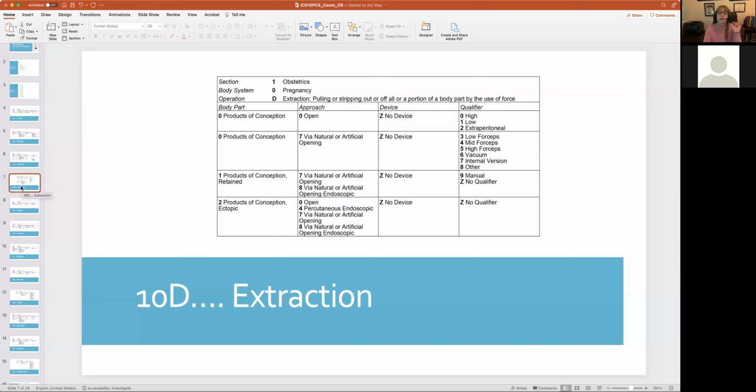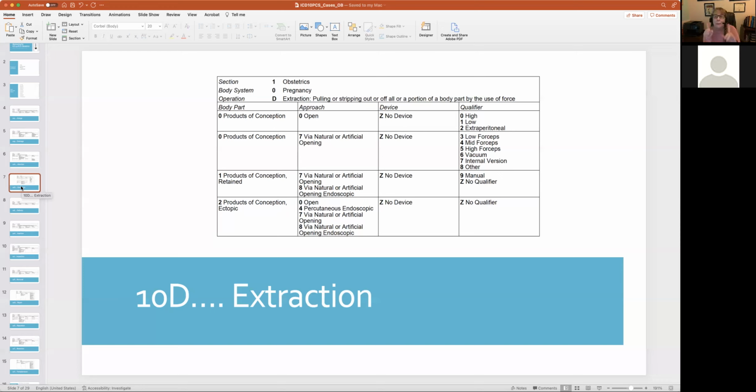Now, the second row, products of conception, extracting the products of conception via a natural or artificial opening. Remember, we talked about that, referring to a stoma. You're not pulling a baby out through a stoma. So this is going to be a vaginal delivery.